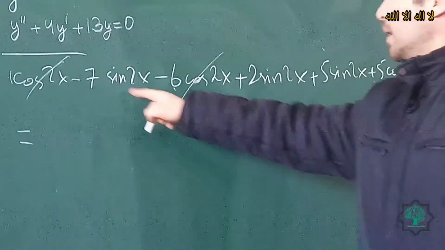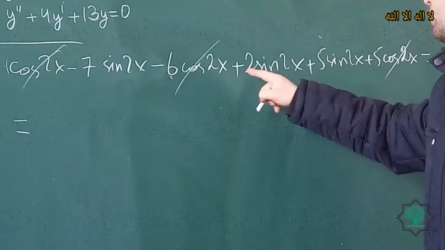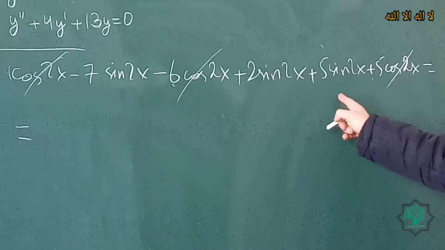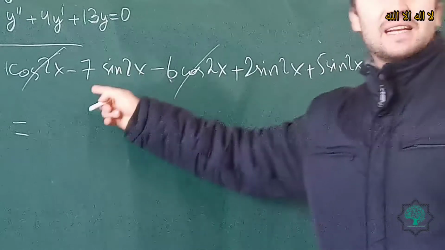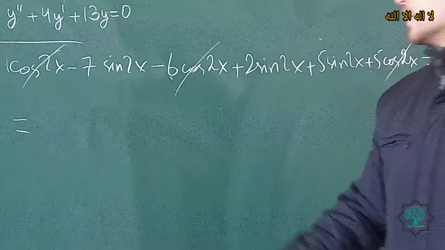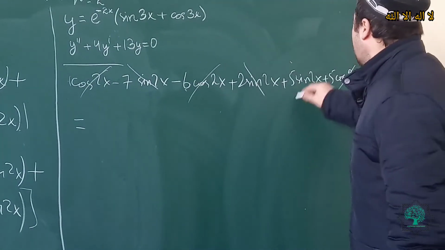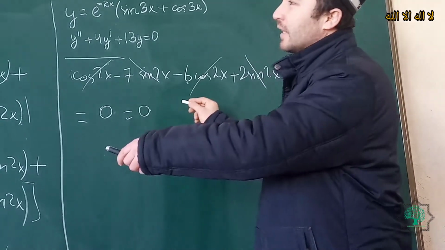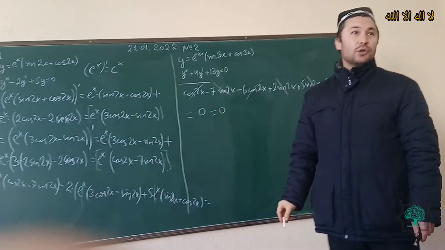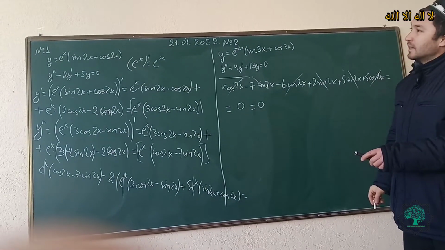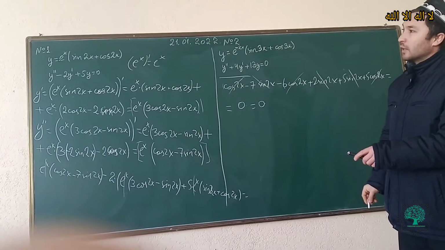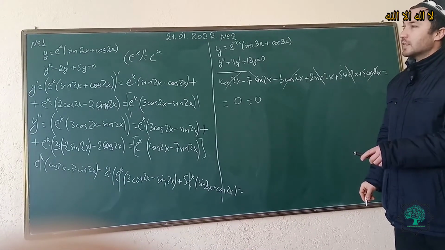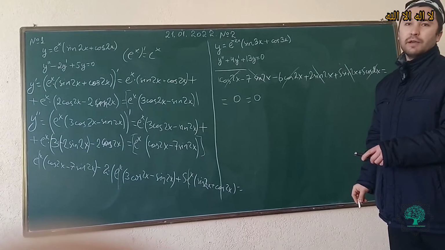Here we have minus 7 sinus 2x plus 2 and plus 5, here we have 7. 7 and minus 7 is 0. So 0 equals 0, it's right. We showed that this function really is the solution of this differential equation.